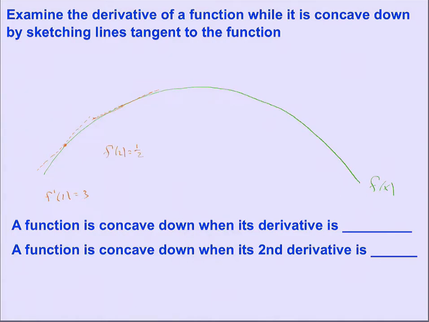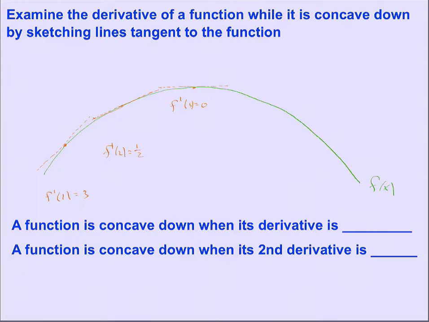It got less steep. At the top here, we know very well by now that at a relative min or a relative max, that tangent is going to be perfectly horizontal. So f prime of 3 is 0. Notice again, the f prime, the value of the instantaneous rate of change, has decreased again.